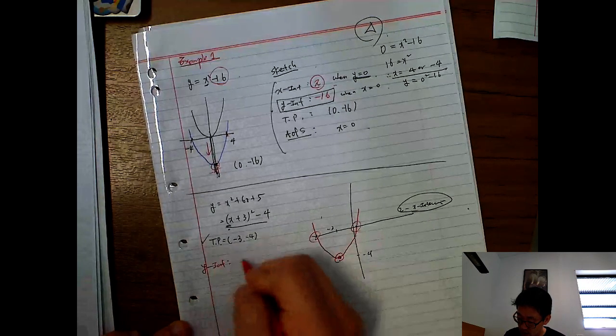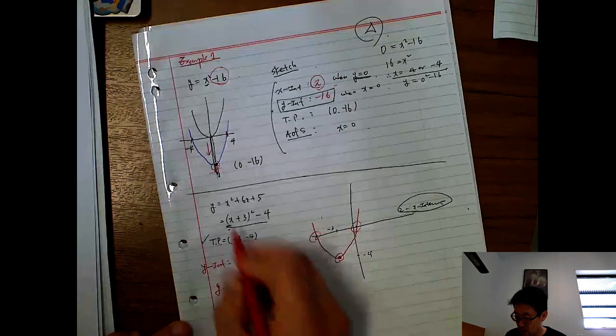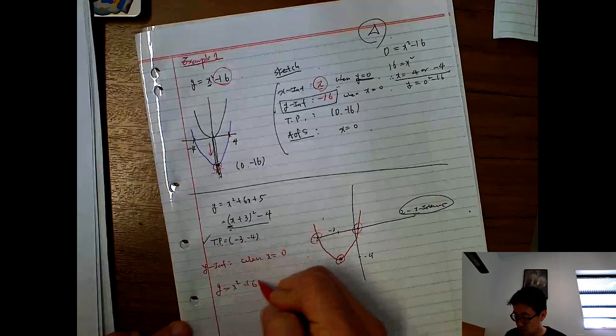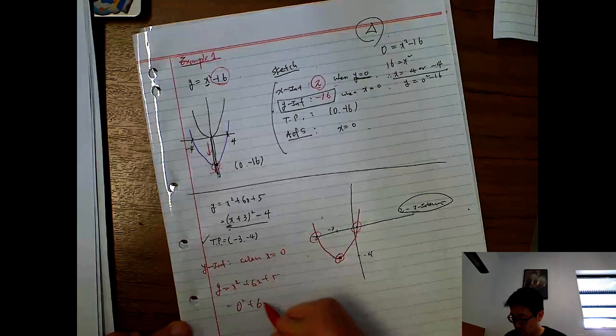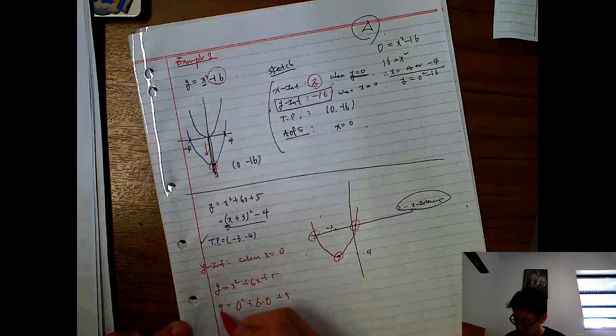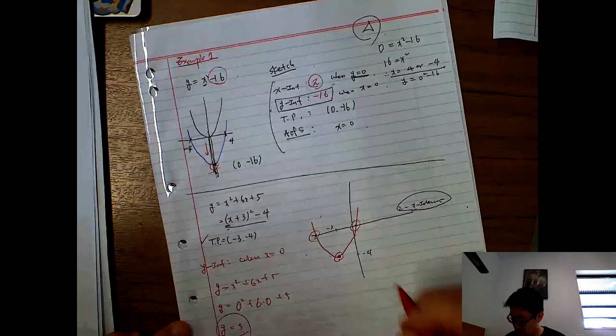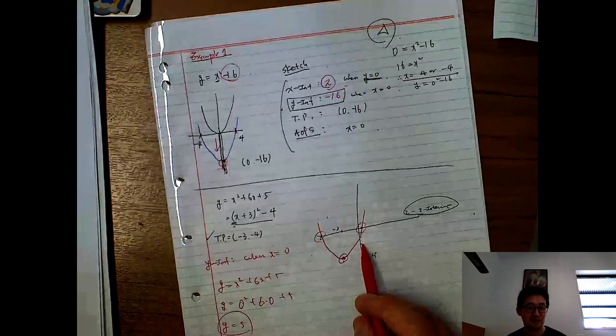Y-intercept is when x equals 0, so y equals x squared plus 6x plus 5, 0 squared plus 6 times 0 plus 5, so y equals 5. Therefore, oh, I didn't really draw well, did I?